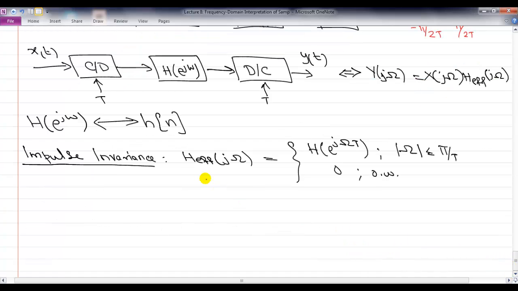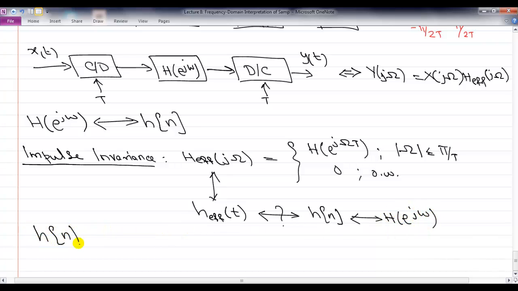Then this H_eff(jω) has, let's say, impulse response h_eff(t). What is the relationship between this and h[n], which is the Fourier transform of H(e^jω)?